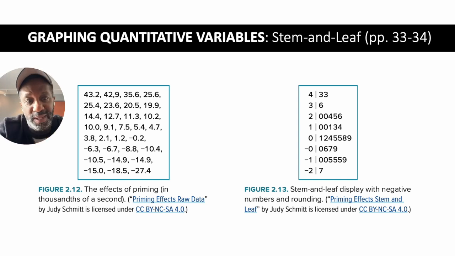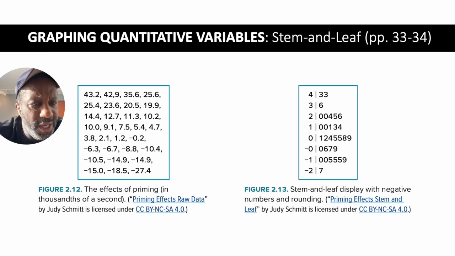Well, how can we take continuous data and convert it to a stem and leaf? If you take a look, you also will notice that we also have negative numbers. So a stem and leaf can not only show the shape of positive numbers, but it can also show the shape of negative numbers. But notice in the stem and leaf that we only have discrete integers. We don't really represent the continuous aspect of the number.